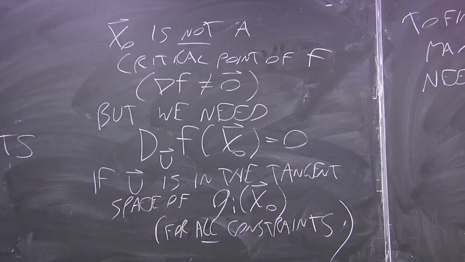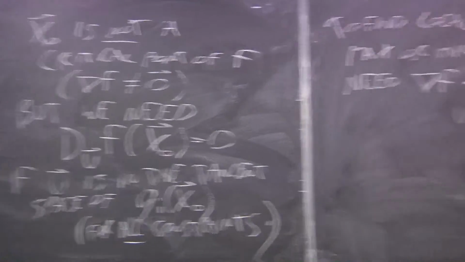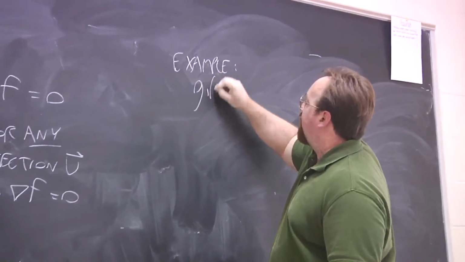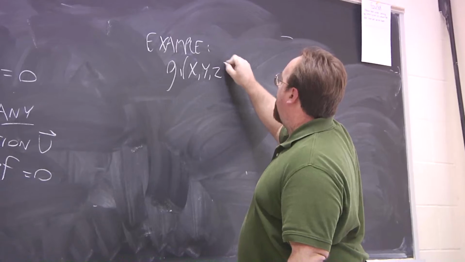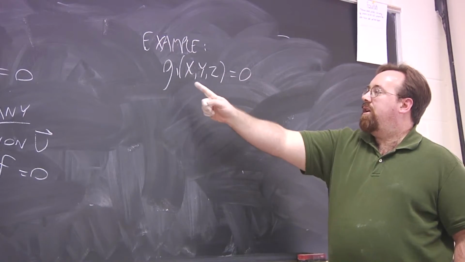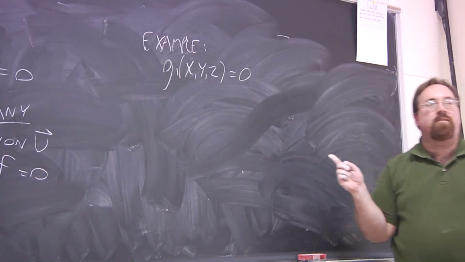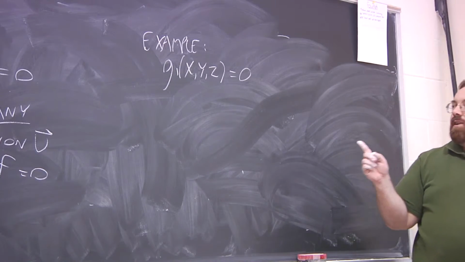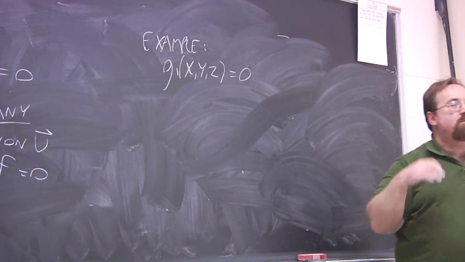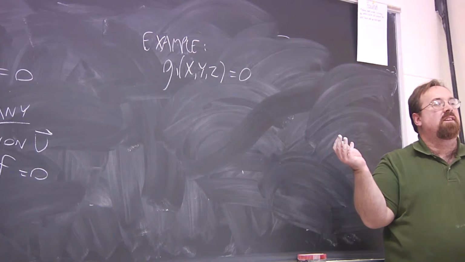And let's say we're working in 3 variables. So we have just one function, g of x, y, z equal to 0. If we have 3 variables, we have an equation like this. What does the solution of this equation look like? What kind of geometric object is it?